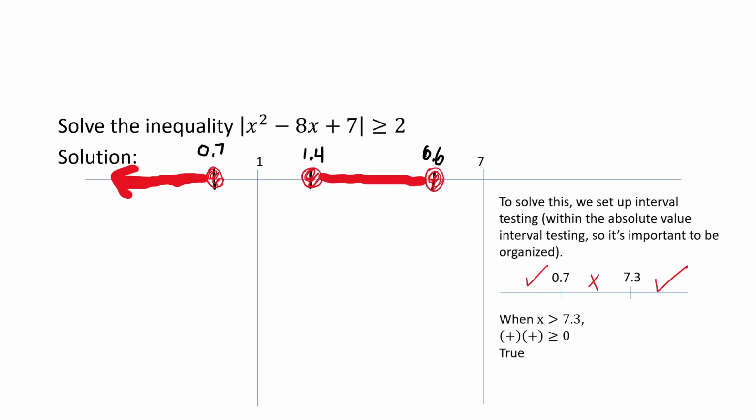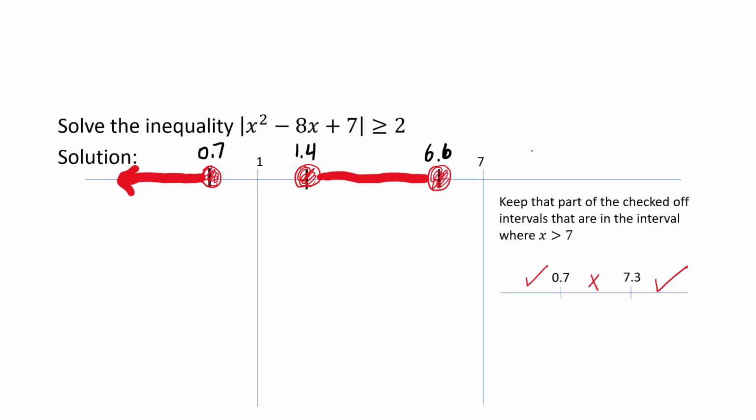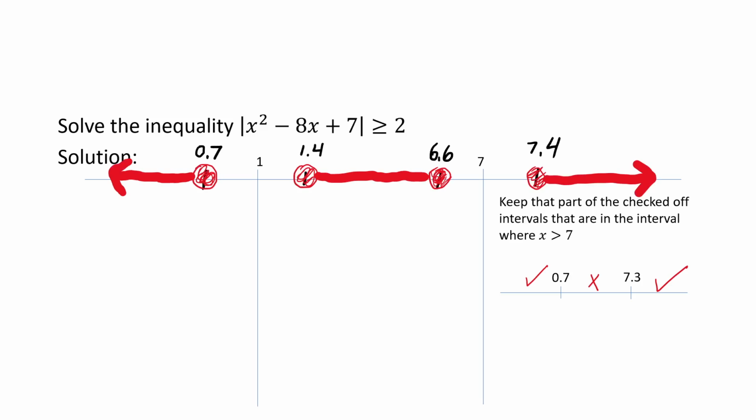So now what I'm going to do is take whatever's true about this that also meets the condition of x being greater than 7. Okay? So when we do that, I put 7.4 there. I should say 7.3.